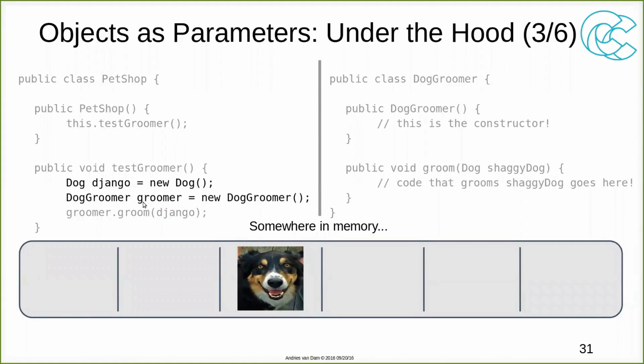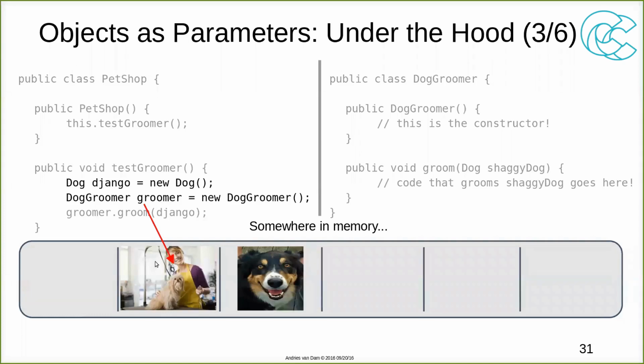The second instruction creates an instance of the dog groomer class. Again the same thing happens. Because of this new keyword, it will request a memory location which is free. Once it gets the memory location, it calls the constructor, initializes everything that is part of the constructor, and then names this memory location as Groomer.